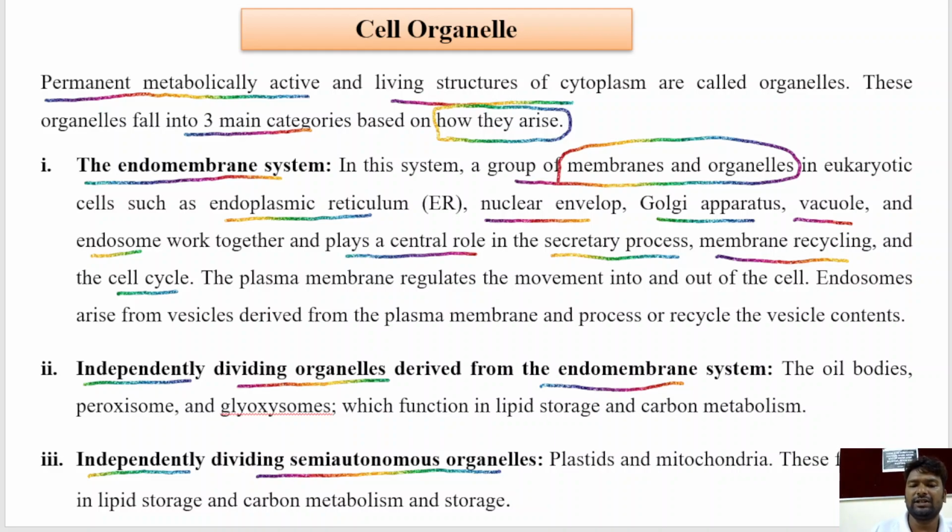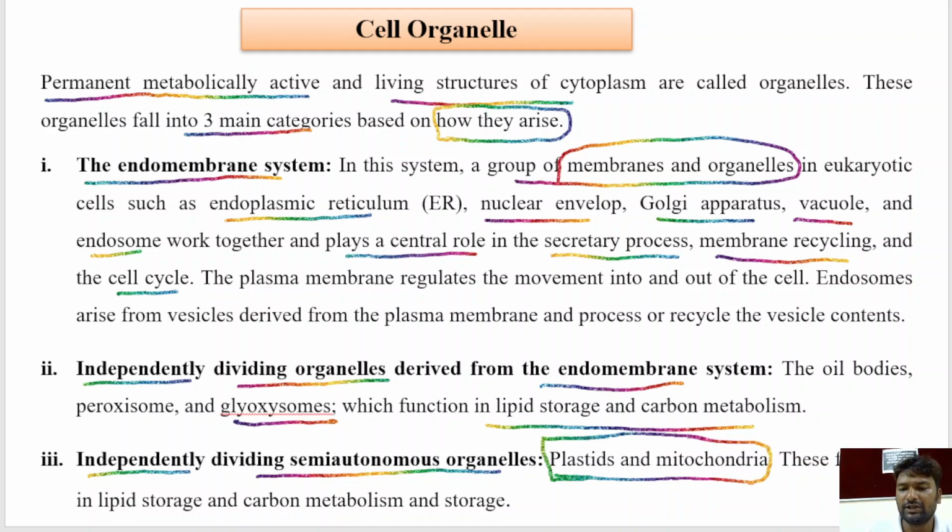The second group includes oil bodies, peroxisomes, and glyoxysomes, which function in lipid storage and carbon metabolism. The third group includes plastids and mitochondria. These are semi-autonomous organelles.